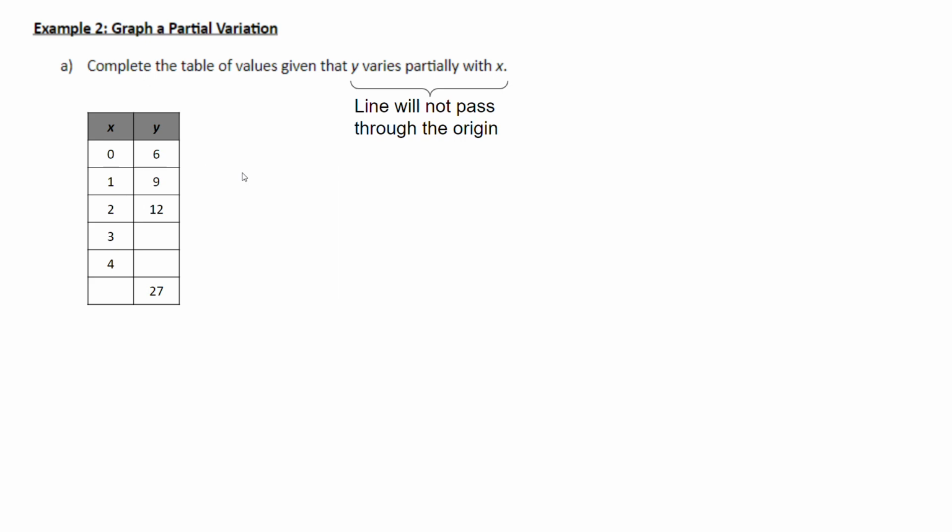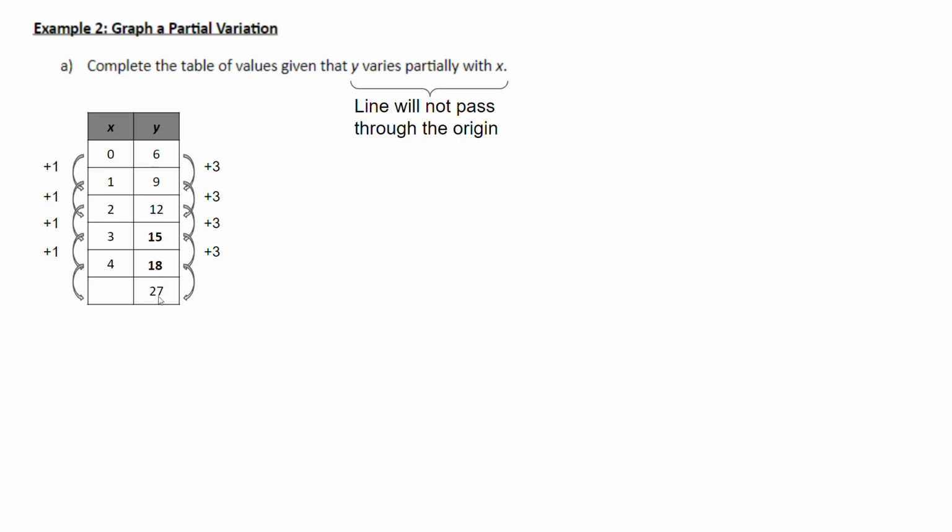Now, the first differences are plus 3. So we can assume that the missing y values, assuming x is also evenly spaced, which it is, are going to be 12 plus 3, which is 15, and 15 plus 3, which is 18. Now notice that 18 plus 3 does not equal 26, or 27, I mean.